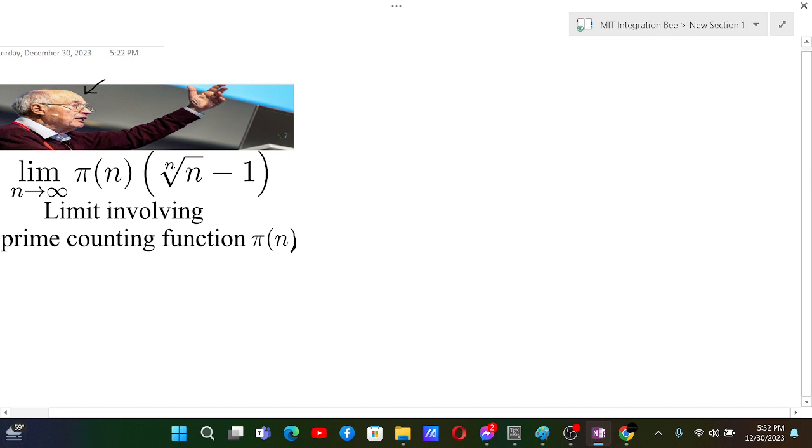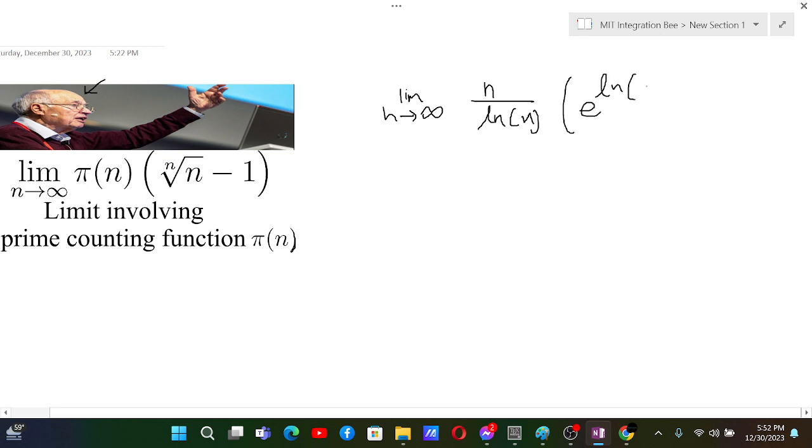Now in this problem, first of all we will replace pi of n by n by ln n, because n is going to infinity. And for this one, this is n to the power 1 by n, so we can change that to e to the power ln of n to the power 1 by n, because e and ln just cancel each other out.